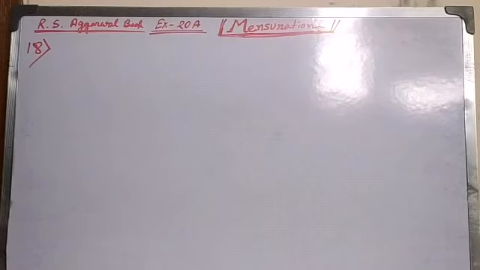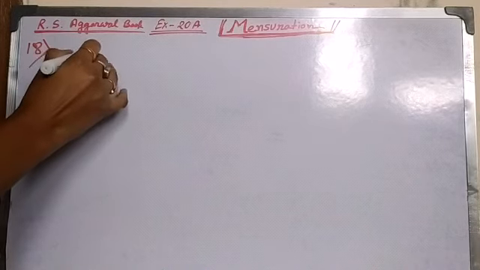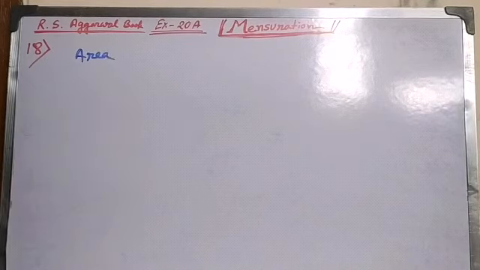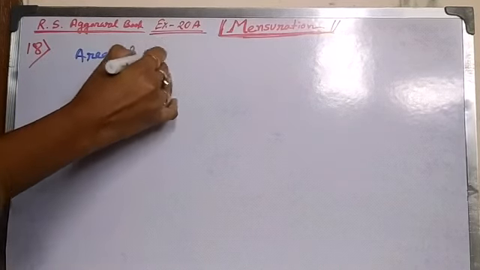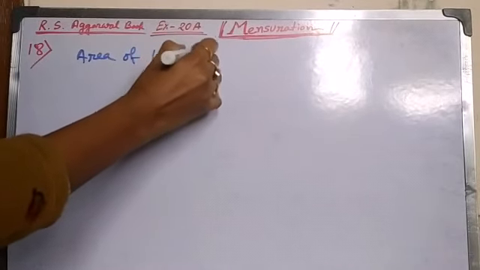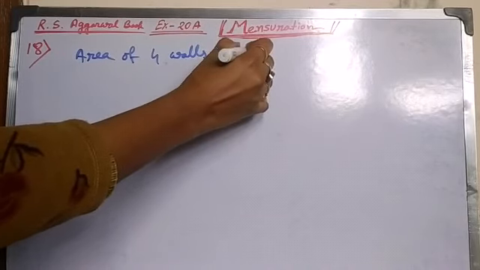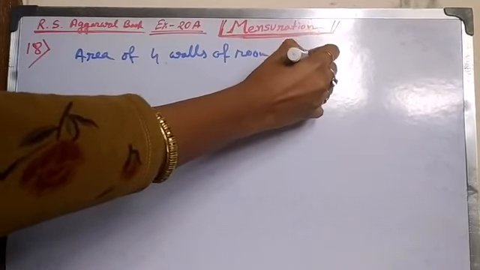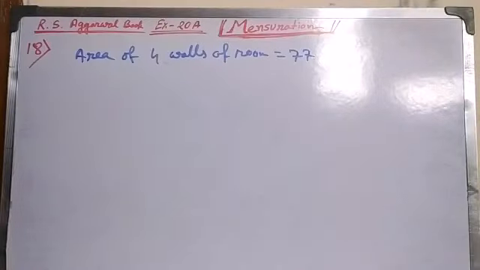Now question number 18. The area of the 4 walls of a room is 77 meter square. The length and breadth of the room are 7.5 meter and 3.5 meter respectively. Find the height of the room. That means area of 4 walls of the room is 77 meter square.